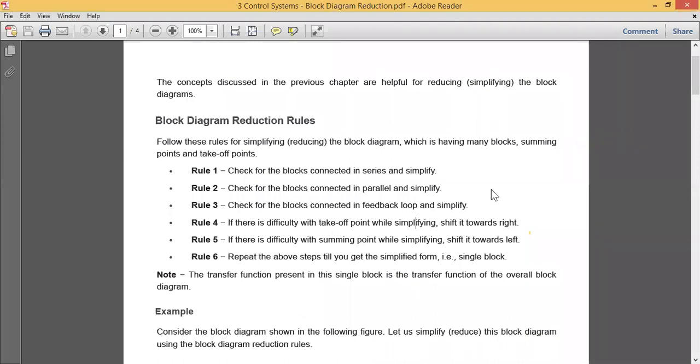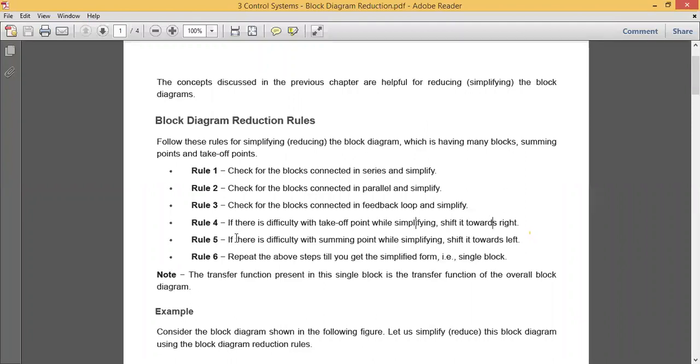Shifting towards the right side is more important, because for takeoff points we have two topics: shifting the takeoff points after the block and before the block. The rule says that if there is difficulty with the takeoff points while simplification, shift it towards the right side. Once we solve the problem, you will feel it is easier.